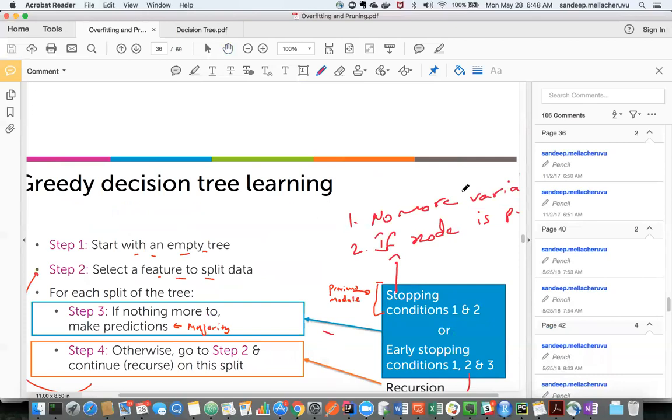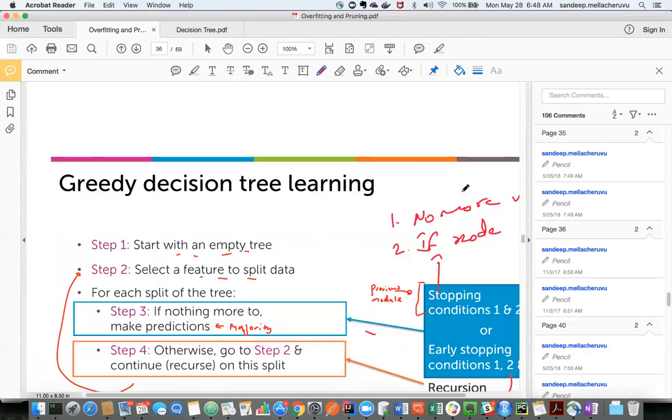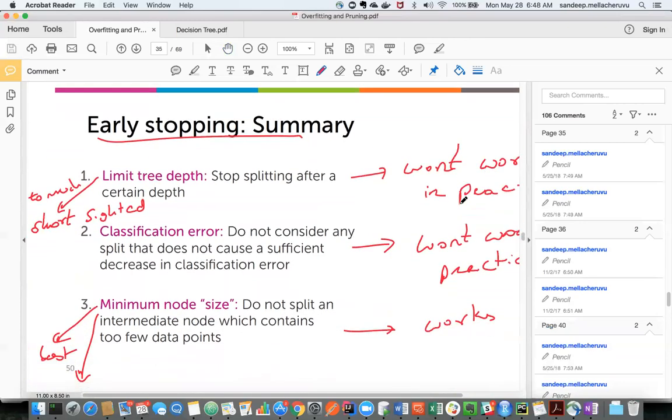Is this clear about all these early stopping criteria? Once again, this 3. Are you clear with these early stopping criteria? We already went through it, but once more. Vijay, are you also clear? Yes, Sandeep. Okay.